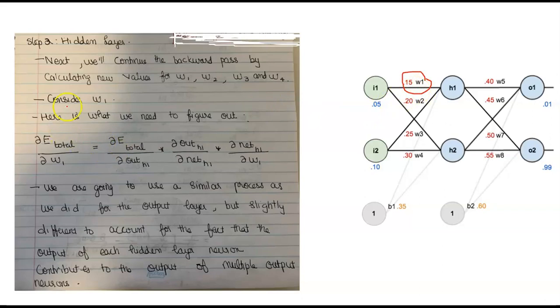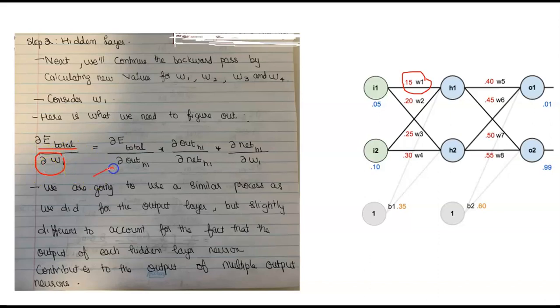Here I want to figure out how my total error will change with a small change in my weight W1. As I mentioned at the beginning, that is represented by dou E total divided by dou W1.